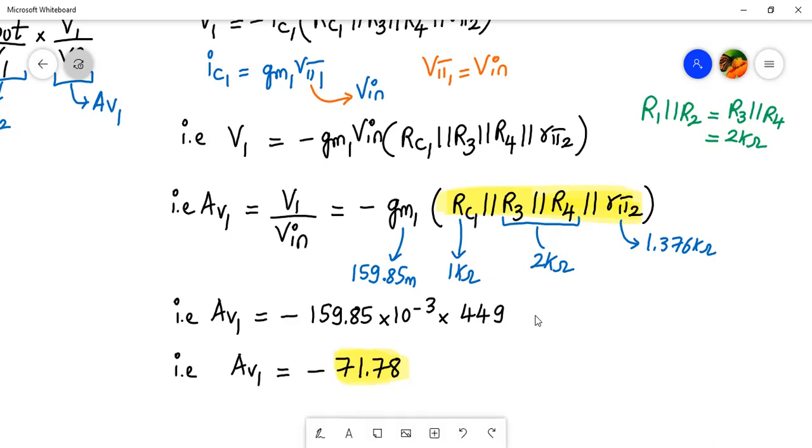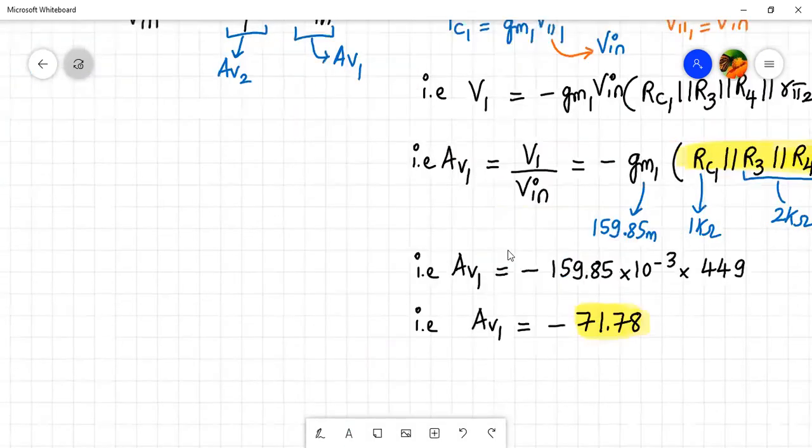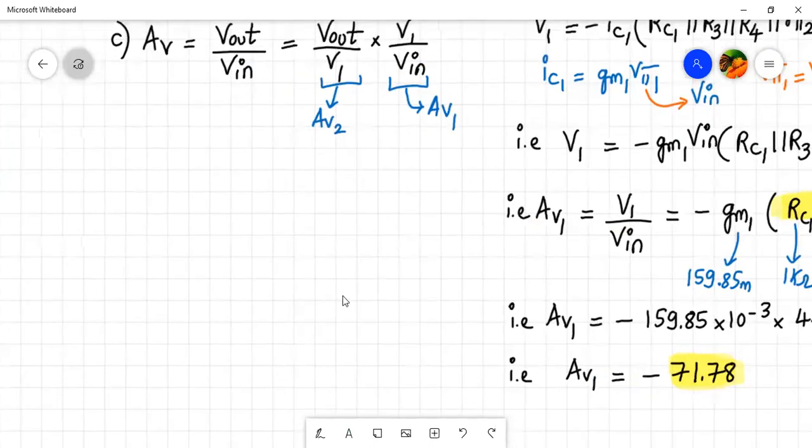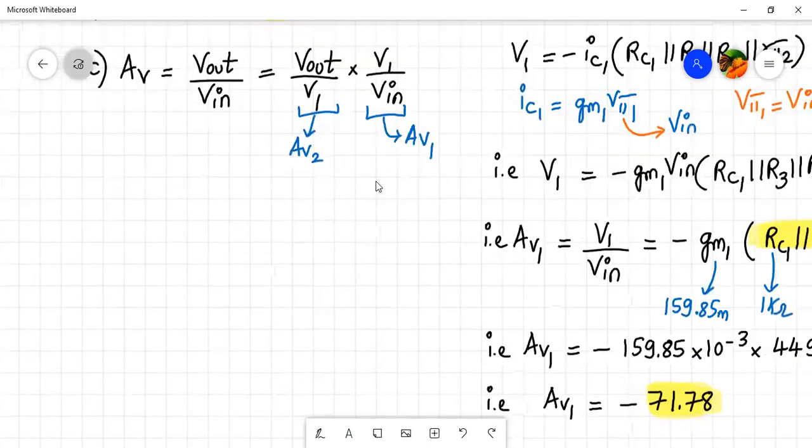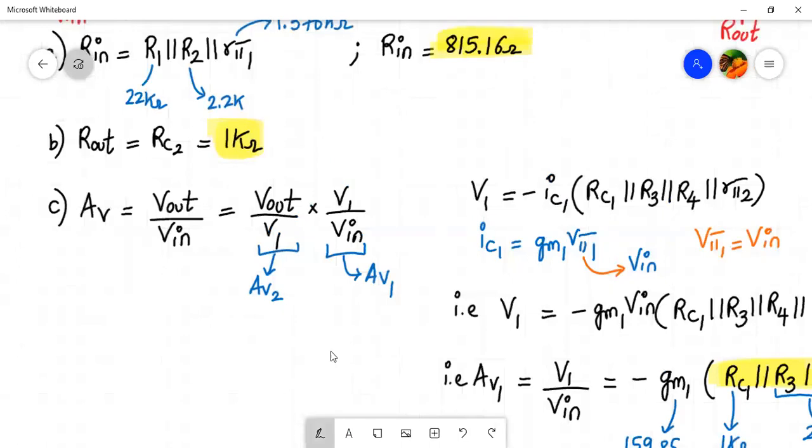And now what's the total gain? Total gain AV is equal to AV1 into AV2. So let's find the total gain now.